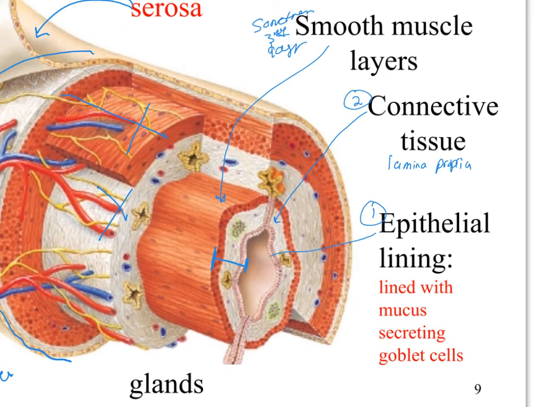And then here is the simple columnar epithelium. And if you look closely, you can see some little white dots, which are goblet cells. They're hard to see on this magnification, okay? So the epithelium is lining the lumen of the tube right there, okay?